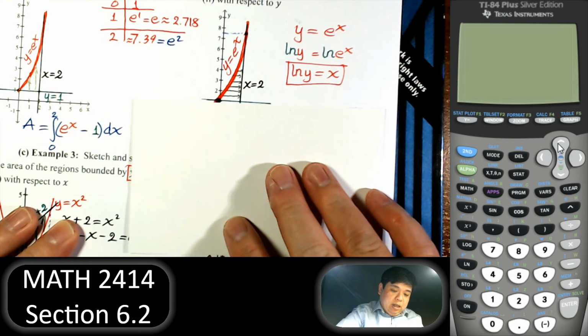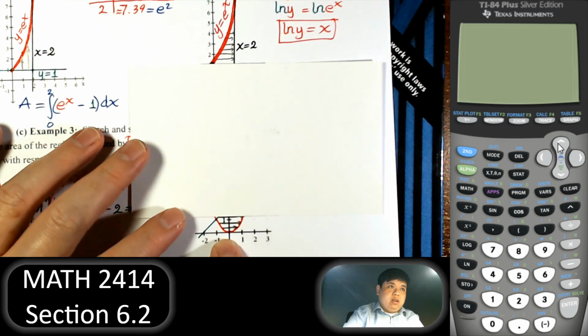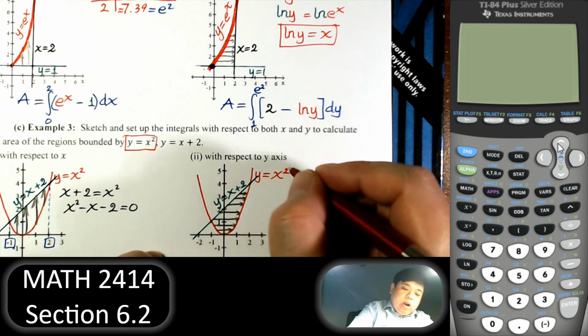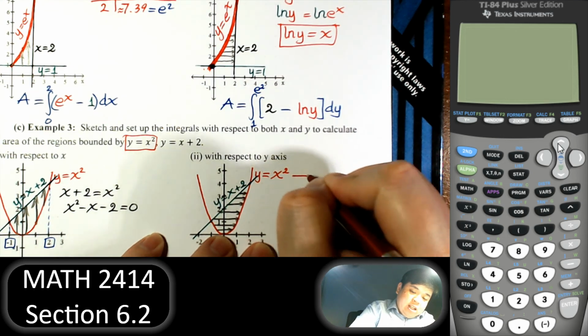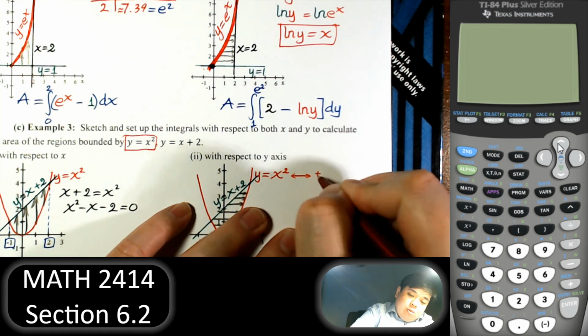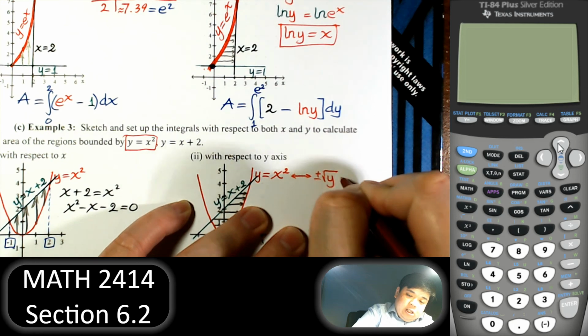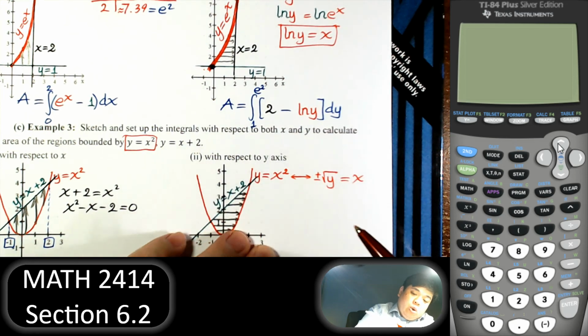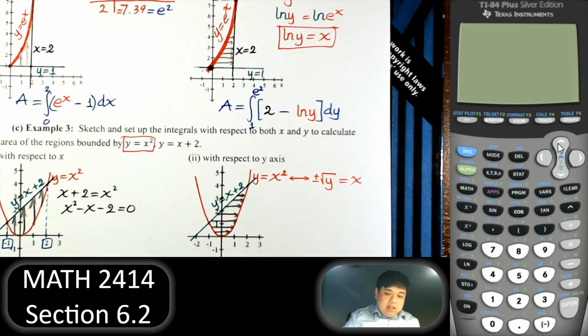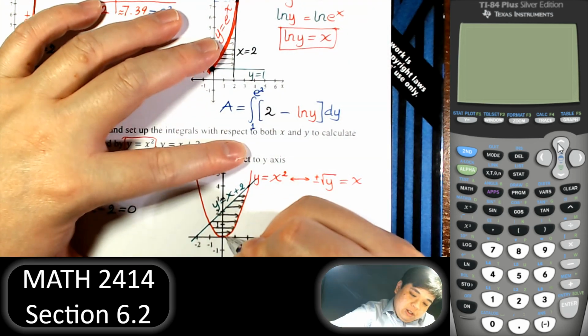But at the bottom, it is bounded on the left by the parabola, on the right also by the parabola. Right, so first, y equal to x squared. If we want to solve for x, it is easy. Take the square root of both sides. So plus or minus square root of y equal to x. So notice that we have 2 functions, one of which is on the right side. So I have to change something here. Let's use purple.